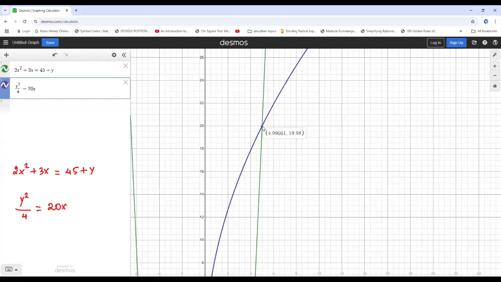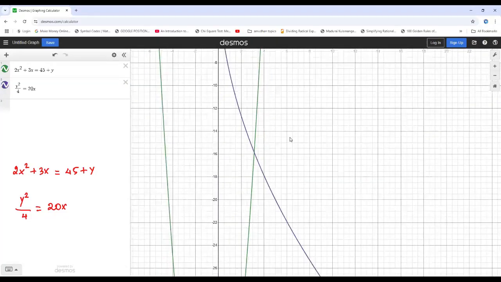Here the point of intersection is, let me correct it, (5, 20). So (5, 20) is the point of intersection, and the y coordinate at this point is 20. Now let me look at the second point of intersection and get the value of the y coordinate. Let me go down.